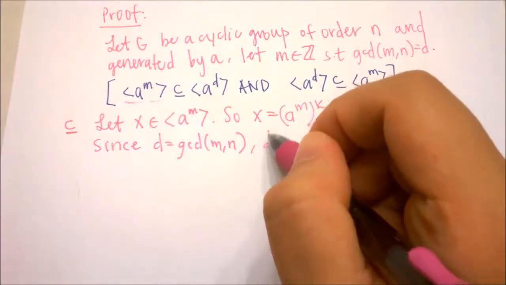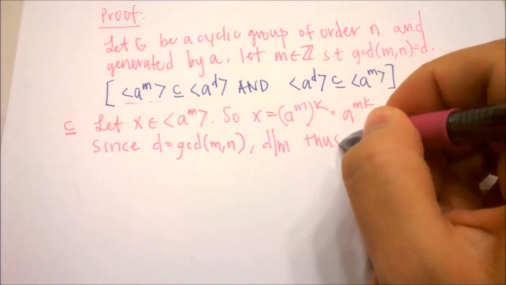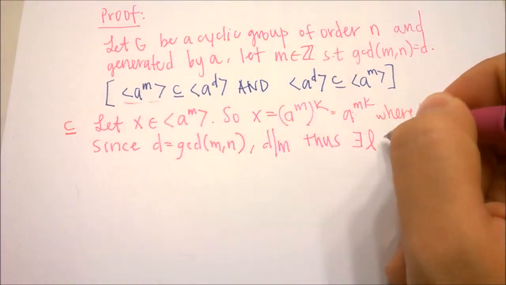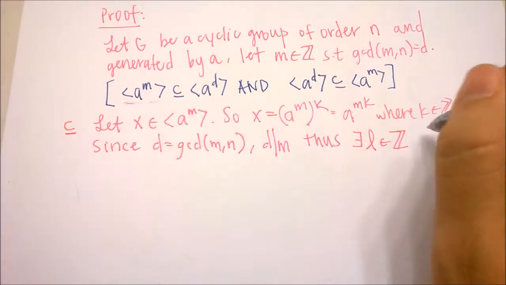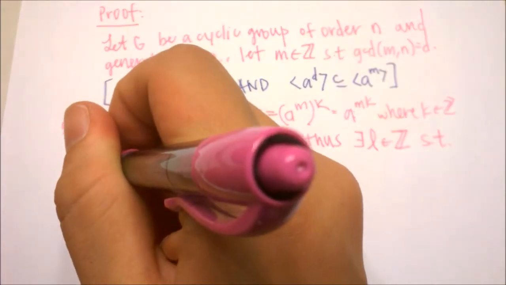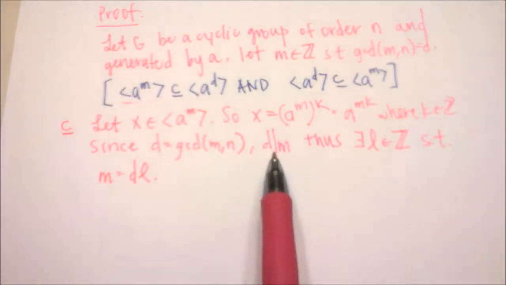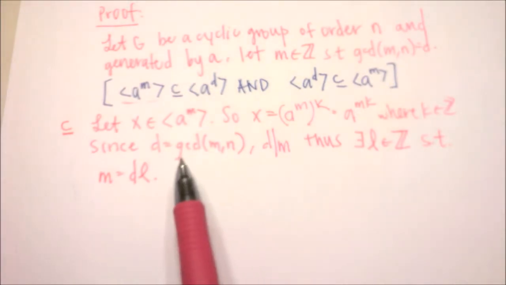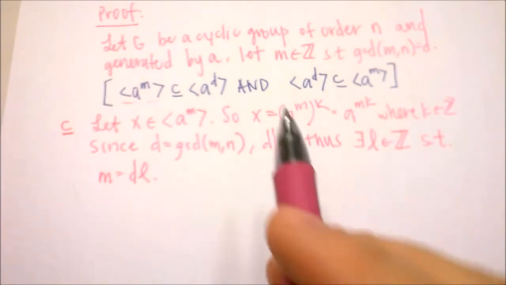So we know d divides m, and thus there exists an element l in Z, an integer, such that m is equal to dl. And that's just using the definition of GCD and also using divisibility rules.